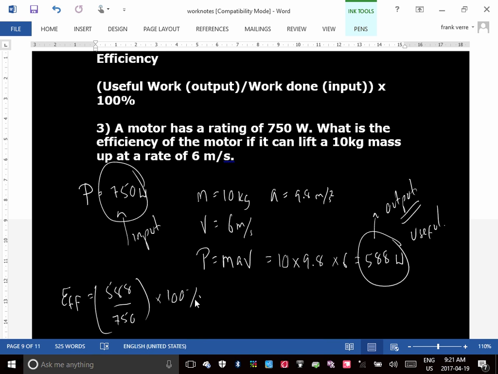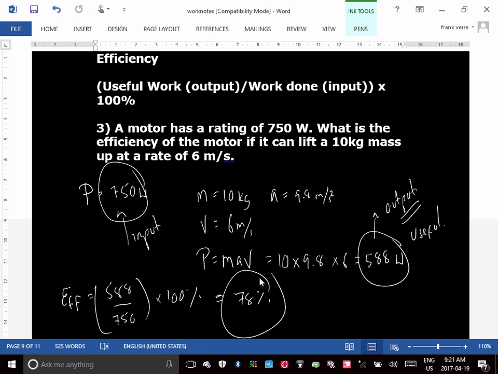Let's flip those numbers around. So what percent is that? 588 over 750. It's very close to 6 over 7.5. What is it? 78? We'll just say 78%. So about 22% of the energy is lost because the motor is about 78% efficient.